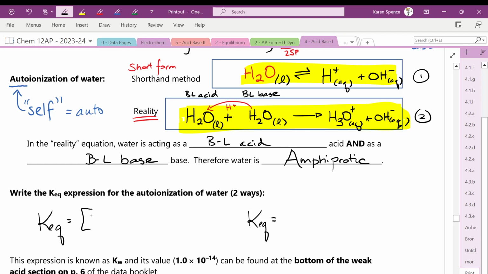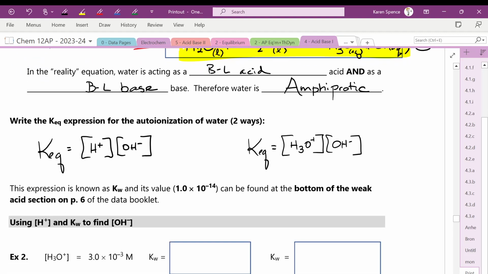Hopefully, your equations look like this. Yes? And the other one would look like this. Why have we not included water? Because it is a liquid, and we do not include liquids in our Keq. All right.